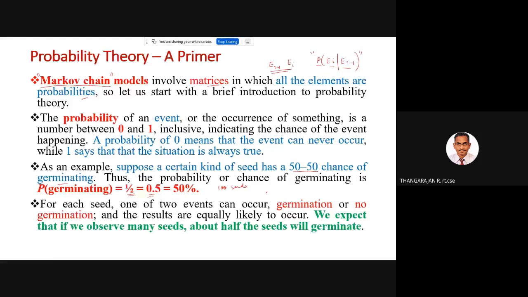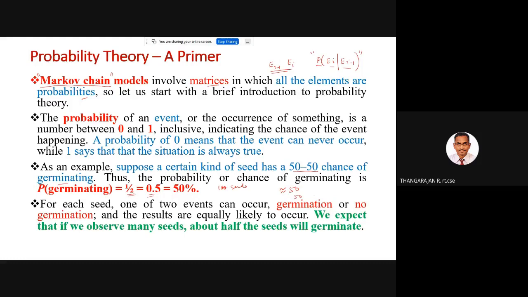Then the meaning is that out of these 100 seeds, approximately 50 seeds will germinate and become plants, and approximately another 50 will not germinate. That's the meaning. Now 50 means I don't say exactly 50. It will be something like, for example, 45 will germinate and 55 may not germinate, or 48 may germinate and 52 may not, or 55 may germinate and 45 may not.